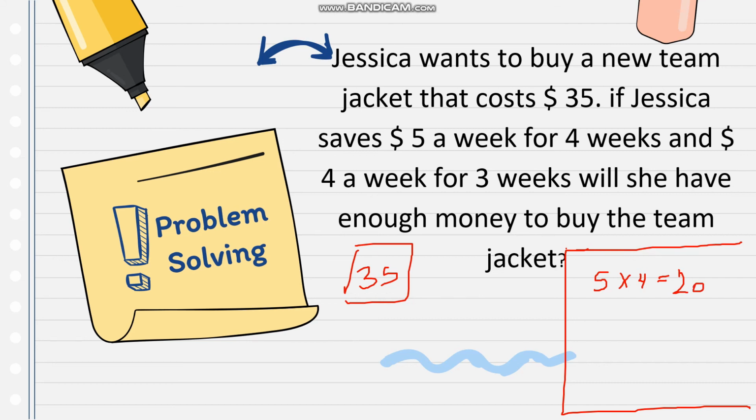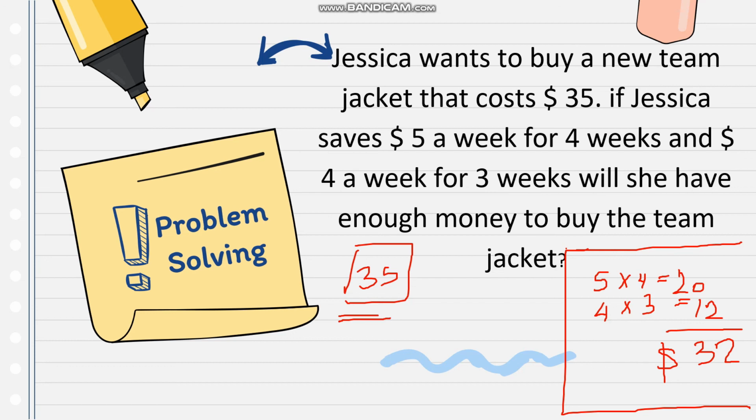And $4 a week for 3 weeks. So that is equivalent to $12. If we add the total savings of Jessica, there are $32 only. But she needs $35 to buy the jacket.